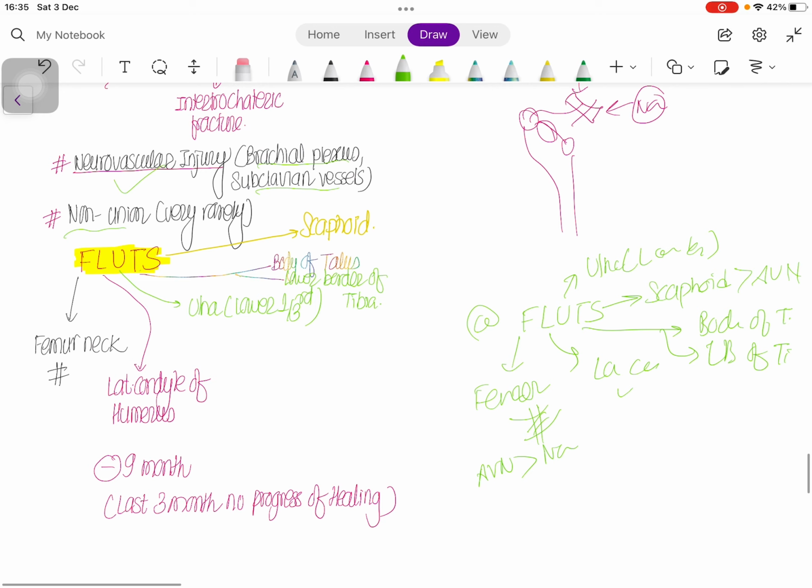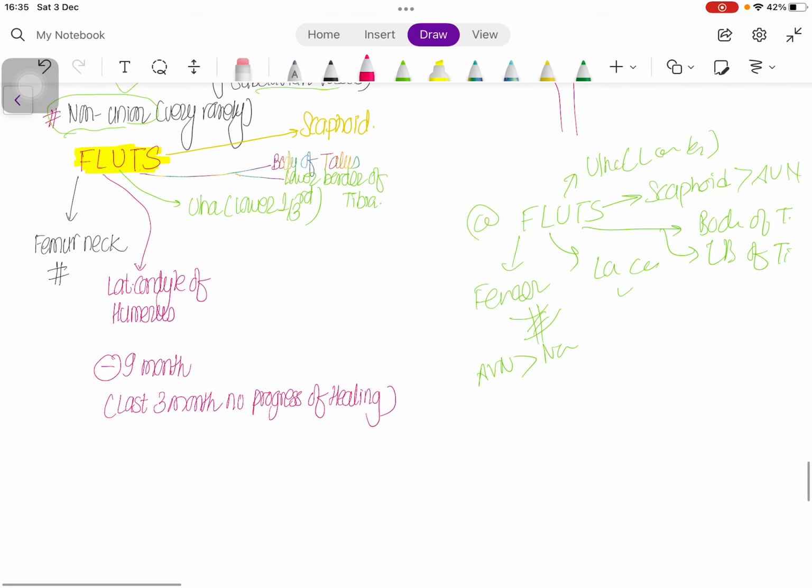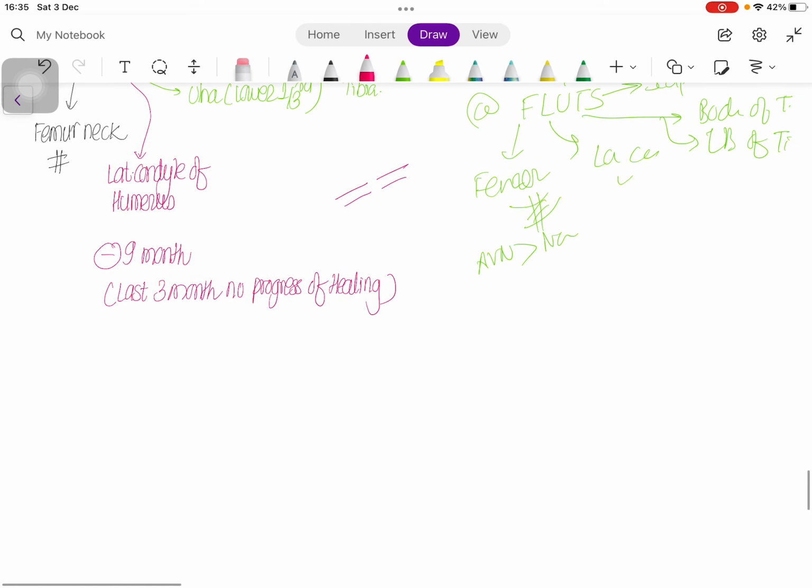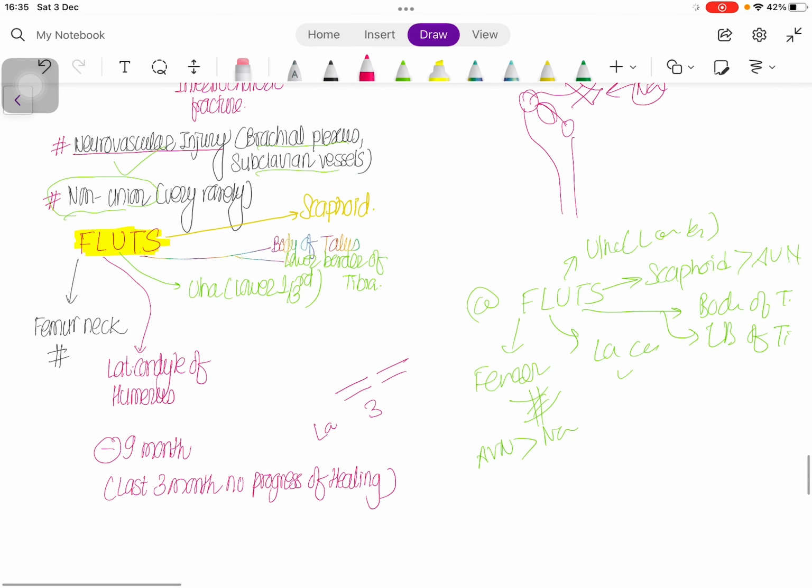So when can we say there is non-union of the bone? If there is no union of the bone 9 months after the fracture, and in the last 3 months there is no progress of healing, then we can call that fracture a non-union.